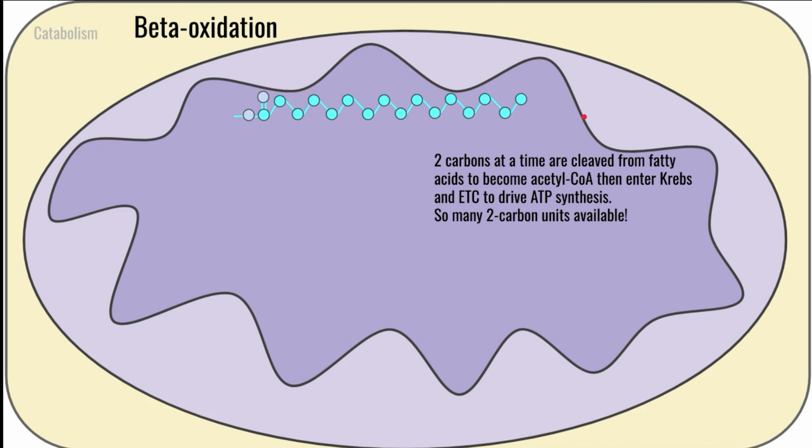In the process of beta oxidation, we are going to go through a series of chemical reactions that are essentially going to cleave off 2 carbons at a time from our long fatty acid tail. It's a whole series of reactions that I'm just representing with this one arrow, but at the end we end up with a 2-carbon group that was originally from the fatty acid, and it's going to be attached to coenzyme A to make acetyl-CoA.